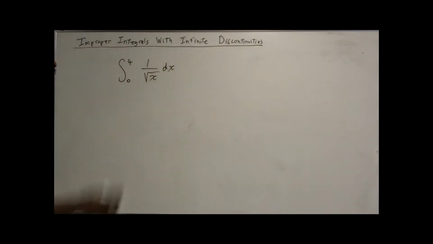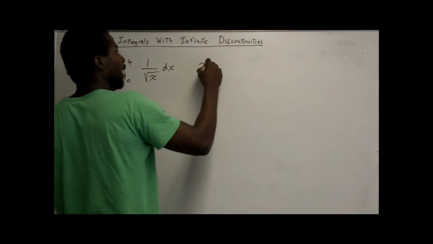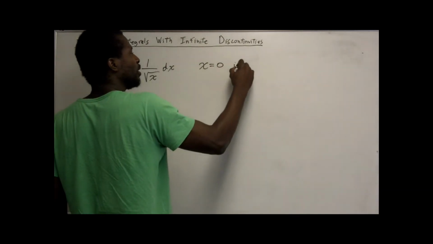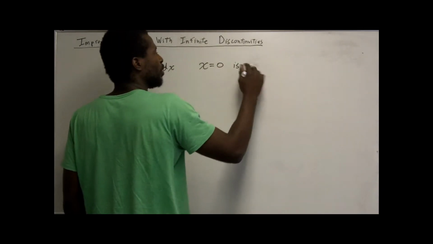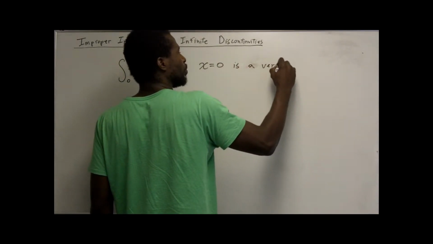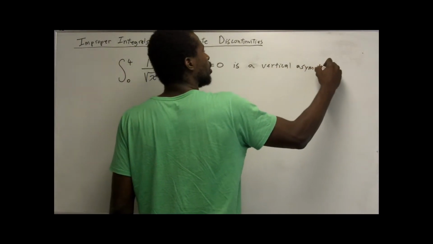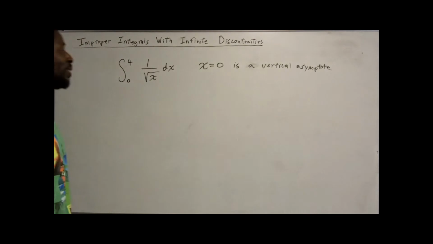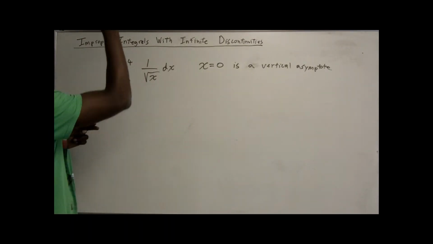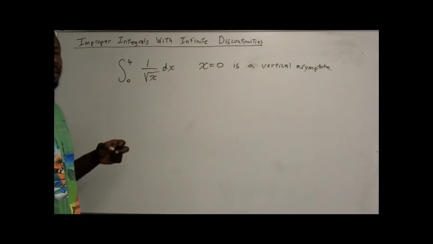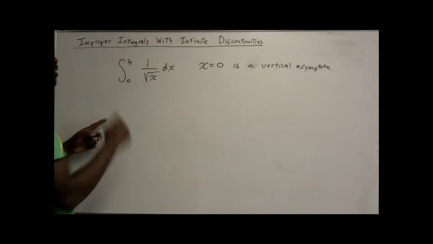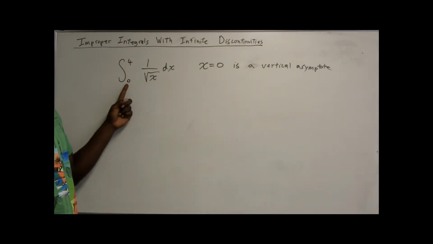What I want you to notice is that x equals 0 is a vertical asymptote. The graph never actually gets to the value where x is equal to 0. It just keeps approaching that vertical line, x equals 0, which is the y-axis, but it never actually gets to the y-axis.